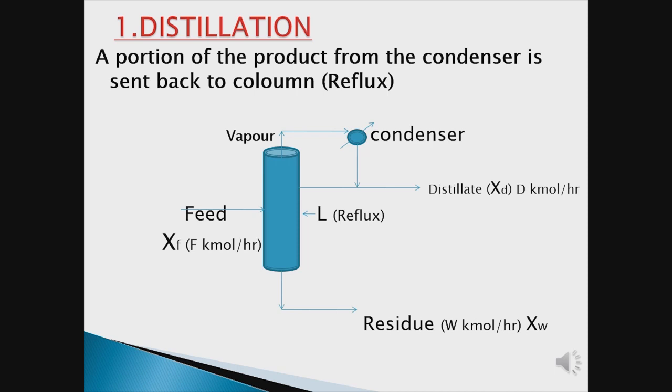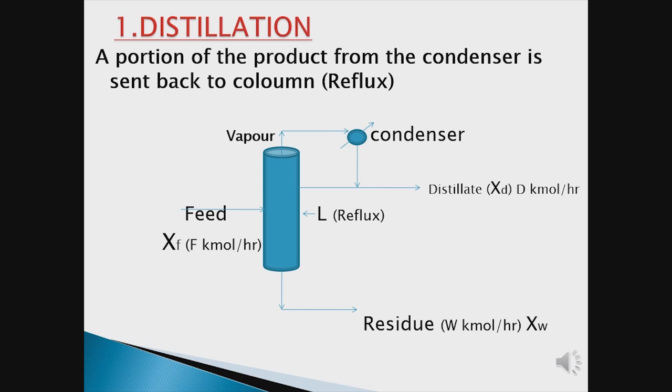The feed is being given to the distillation column, and the more volatile component is being vaporized. The vapor is sent to the condenser, and even in the vapor, a little amount of liquid is contained. That liquid is sent back as reflux, and the more volatile component, the vapor, is sent as the distillate.